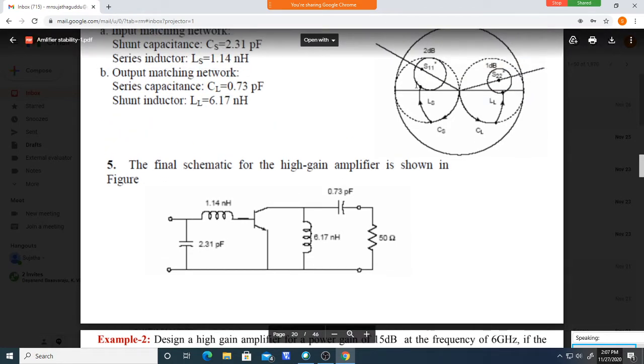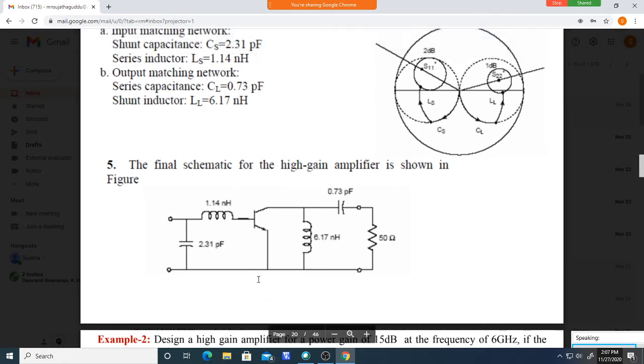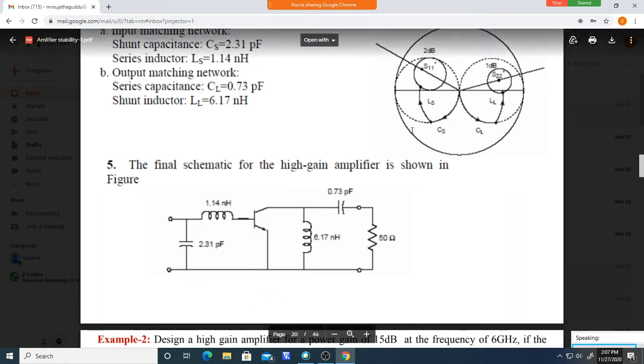It gives a 2 dB gain. Looking in this direction, the impedance is equal to this value. That is achieved by connecting this capacitor and this inductor, from the Smith chart. Moving from here to here and again from here to here, you can get these two values.